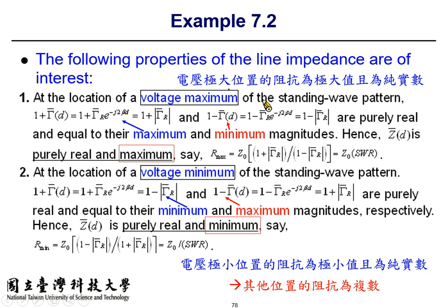Note that both voltage maximum and current minimum are real numbers because they are found at this position. So the voltage is a pure real number, the current is a pure real number. The division of the two, that is the impedance at that position, will be a pure real number as well.